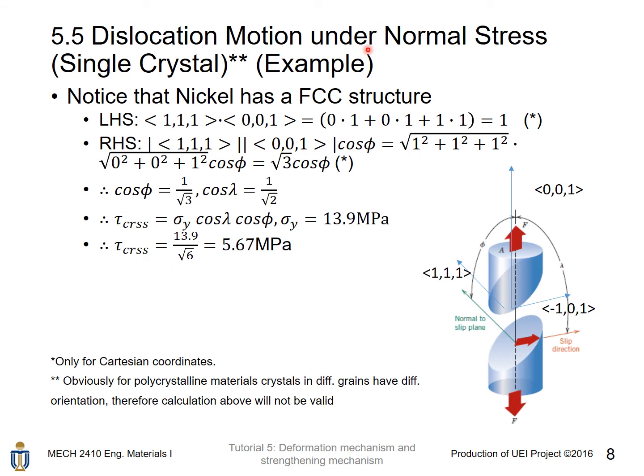Using the equation from the previous slide, which is the equation for the dot product, we try to find the cosine of the angle between those two vectors to find the two cosine terms in Schmid's law. On the left-hand side of the dot product equation, we just do the dot product, which is quite simple and straightforward.